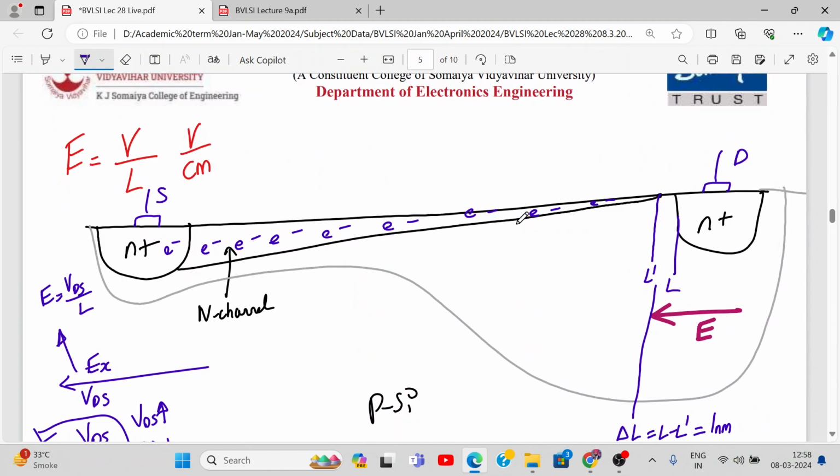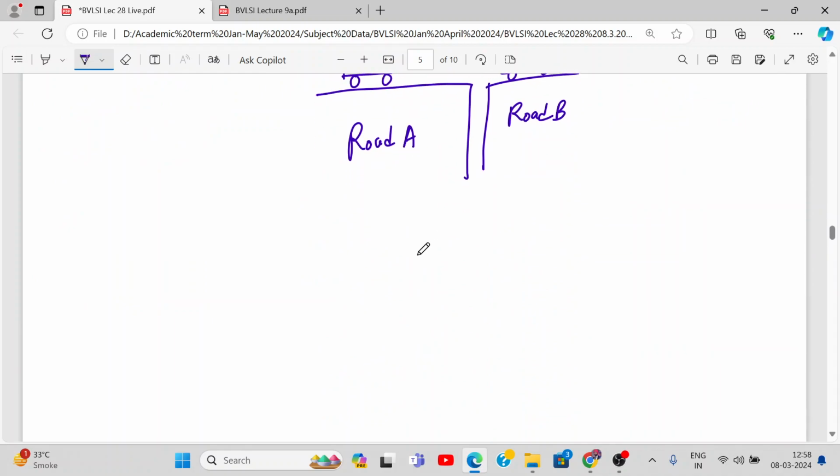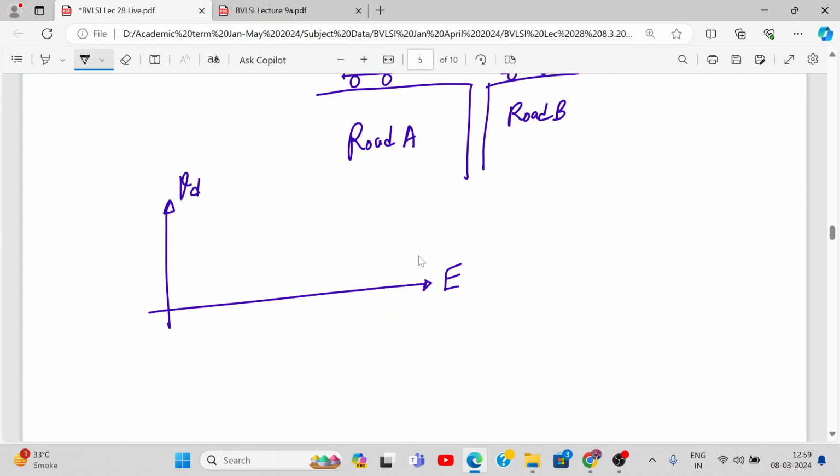Now this also is a known fact that there is something called velocity saturation, drift velocity, the velocity with which the electrons will travel under the influence of electric field. So this will reach the maximum value after reaching a certain point. After you reach, let's say this velocity, I hope I have shown you the saturation velocity of 10^7, right?